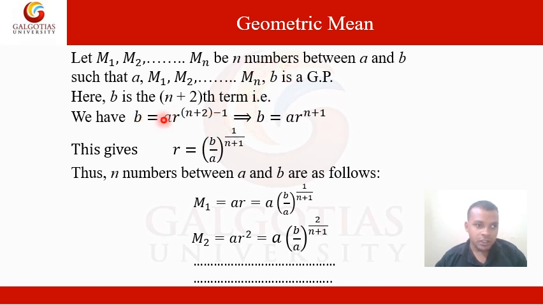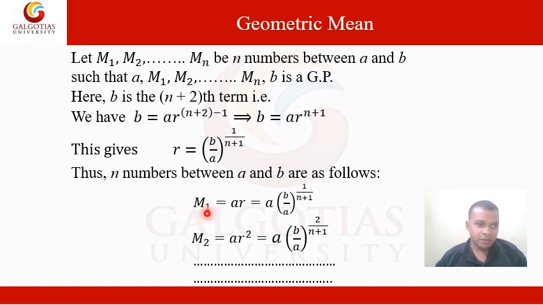So b is equal to a into r to the power n plus 2 minus 1. So you get b is equal to ar to the power n plus 1. In that case, I can have r is equal to (b by a) to the power 1 by n plus 1.